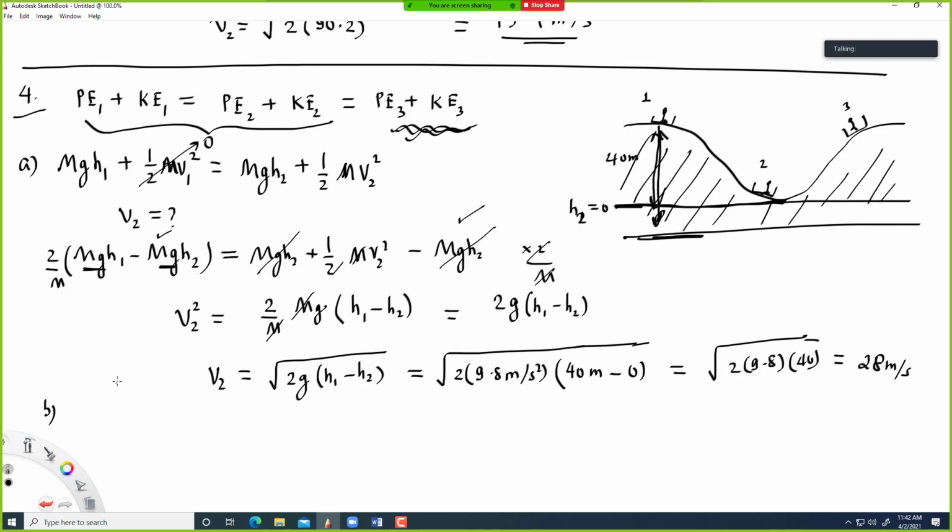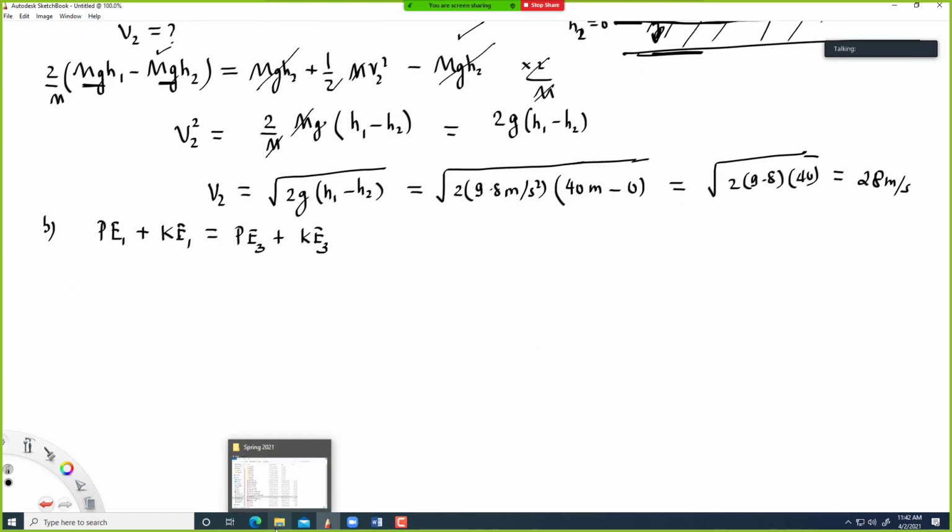You can equate this one with this one, or this one with this one, whichever you want. I'm going to equate that with the first part. So I'll use PE1 plus KE1 is equal to PE3 plus KE3. So we are looking for H3 here.